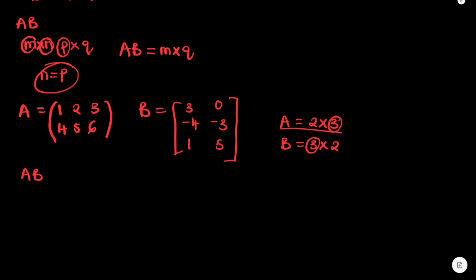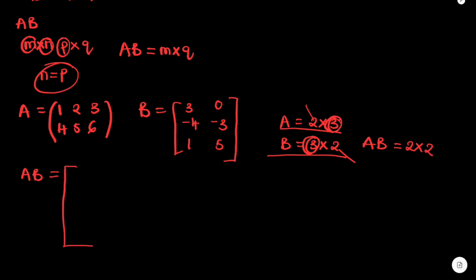So the number of columns in the first matrix A is the same as the number of rows in the second matrix, so these matrices can be multiplied. And finally, the order of our final matrix AB is going to be a 2 by 2 matrix. So when multiplying, take note that your final matrix should be a 2 by 2 matrix.